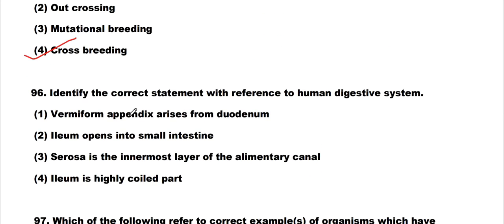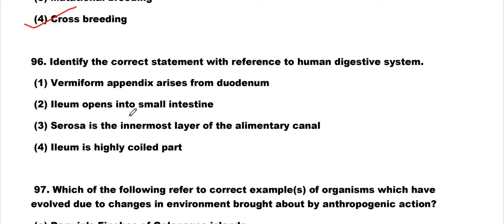Next, question number 96. According to the statements with reference to the human digestive system. Fine. So first one, it says that vermiform appendix arises from duodenum. This is wrong. The question was you have to find out the correct statement. Next, ileum opens into small intestine.